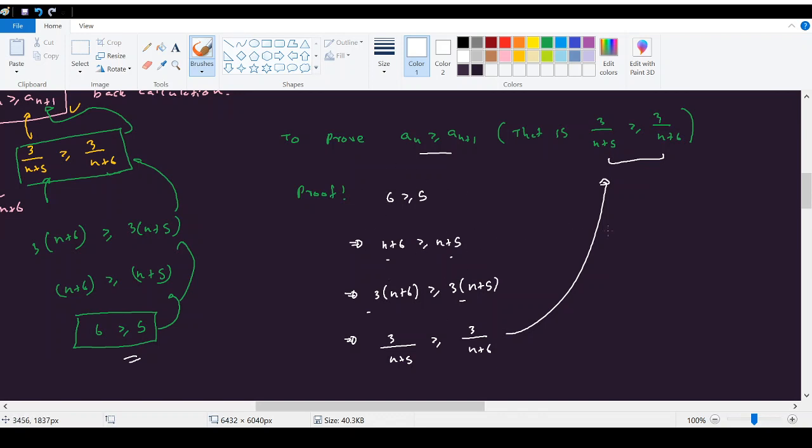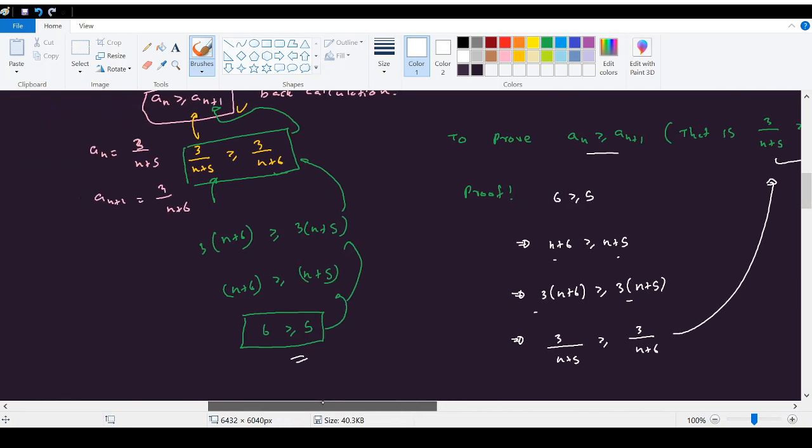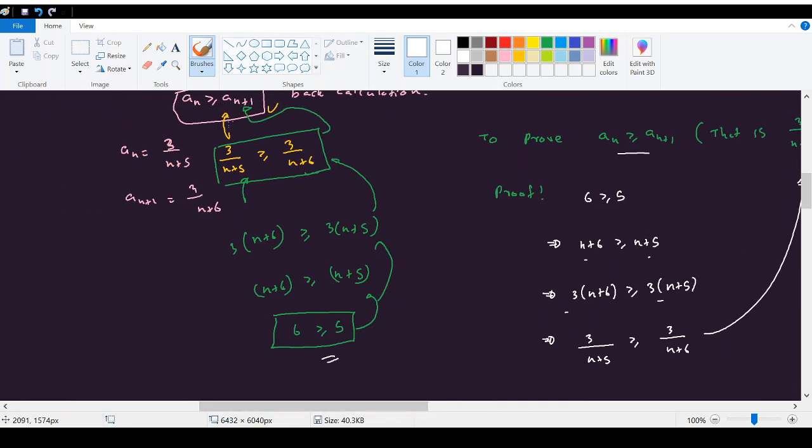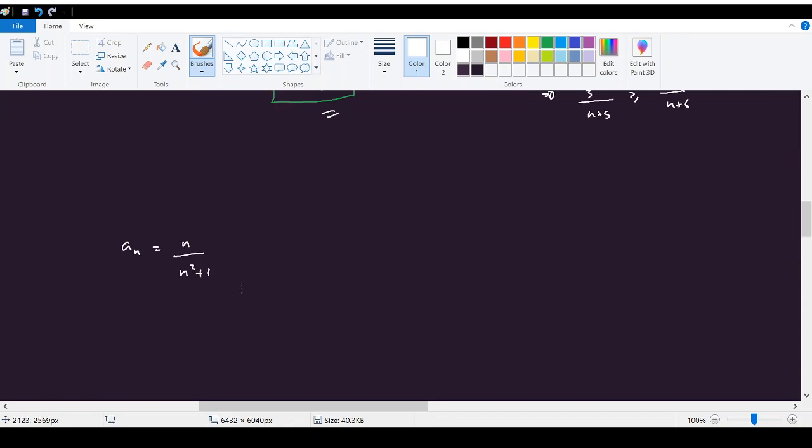Okay, right? So anyway, what we have shown is that we have a decreasing sequence, right? And similarly, you can say that this sequence also decreases. So that means we will need to have this result.